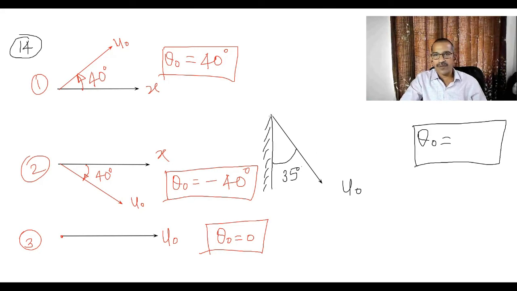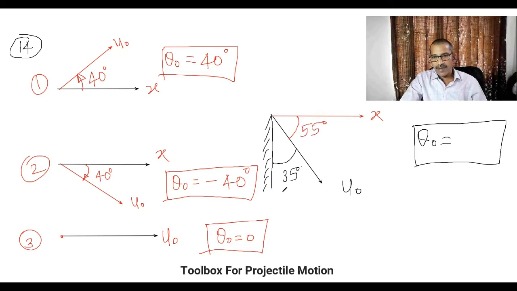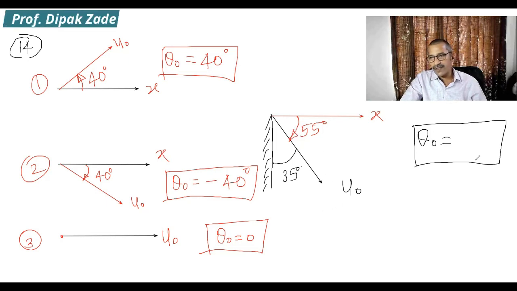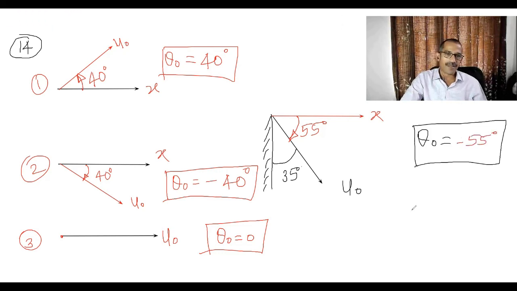First, it is measured with the positive x-axis. This is my positive x-axis. As this angle is 35, the angle from the x-axis, 90 minus 35, comes out to be 55 degrees. But this angle is with the positive x-axis in the clockwise direction. That means your theta 0 is minus 55 degrees.